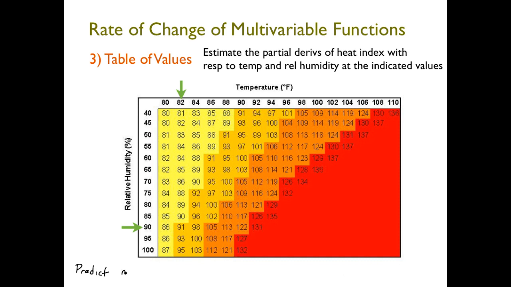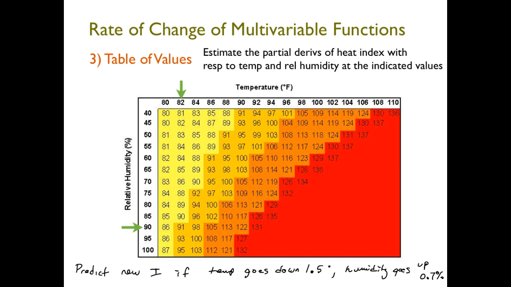Then predict the new heat index if the temperature goes down by 1.5 degrees and the humidity goes up by 0.7%.